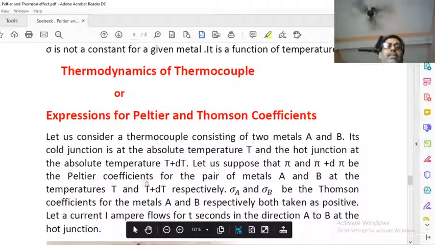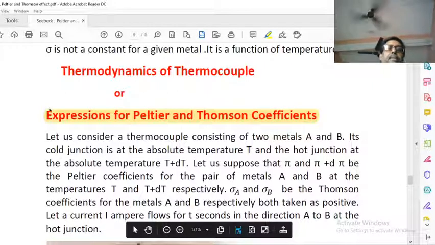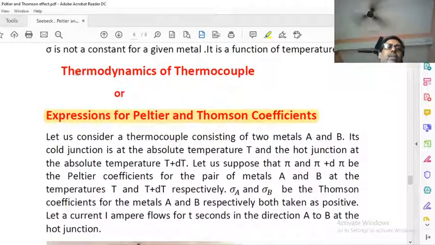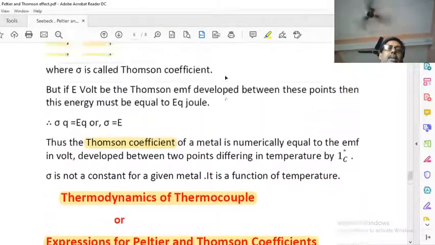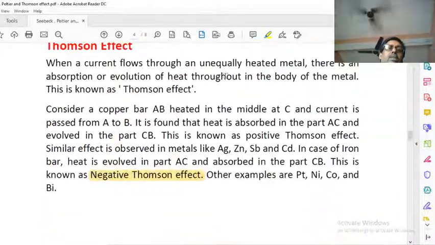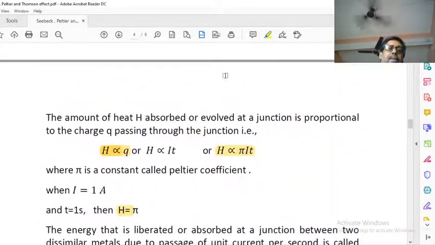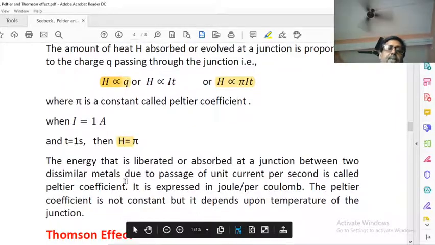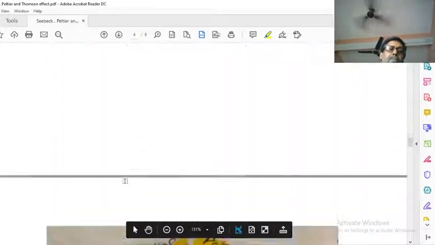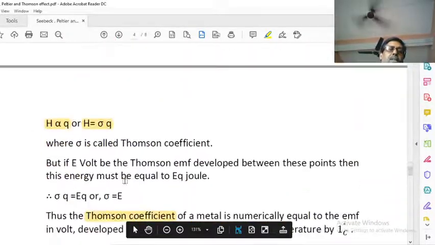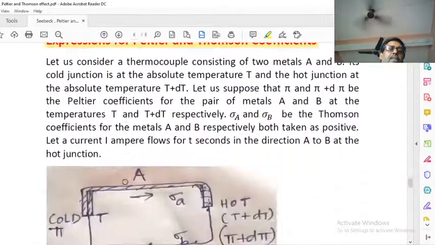Now we are going to discuss the main part of this question, that is the expression for Peltier and Thomson effect coefficient, or thermodynamics of thermocouple. Actually, we saw here that in Peltier, pi is the Peltier coefficient and sigma is the Thomson coefficient. So we are going to set up a relation.